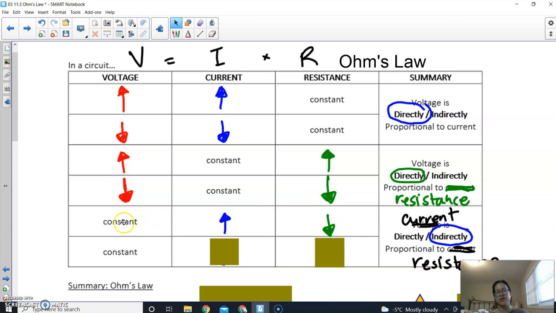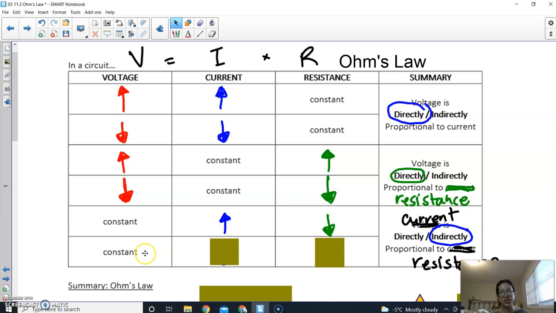Okay, so if I'm keeping the electrical push the same, but somehow my current is increasing, that means my flow rate is increasing even though I haven't increased the push, so something must be happening to the resistance. It must be lowering in order for the current to be increasing.